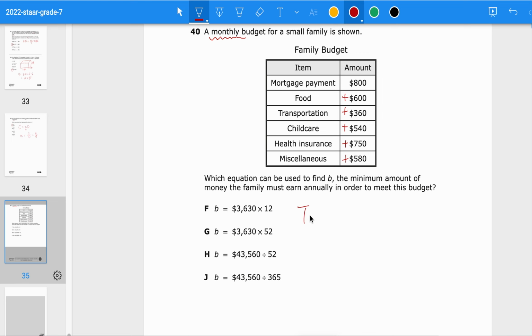You will get the total by adding all these numbers together, which is $3,630. And this is a monthly budget. So for the whole year, we have 12 months. So the budget has to be 3,630 multiplied by 12. That will be the yearly budget. So F is the correct answer.